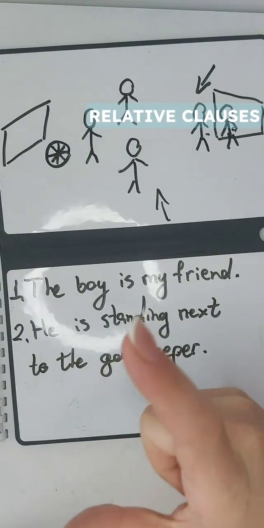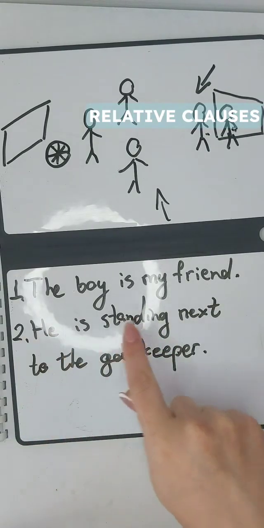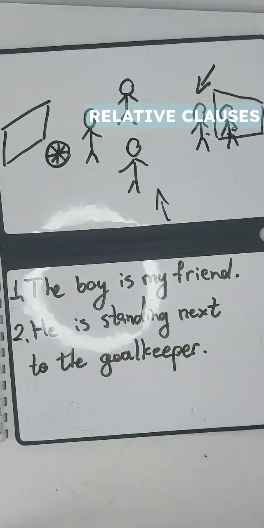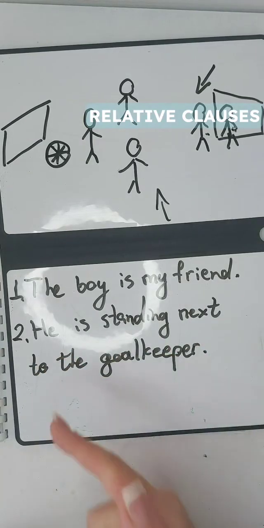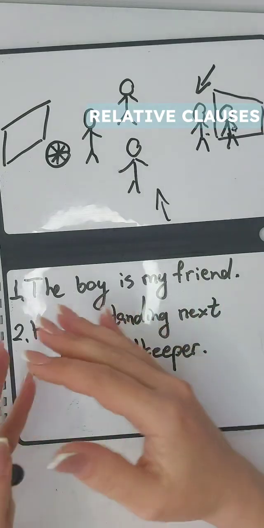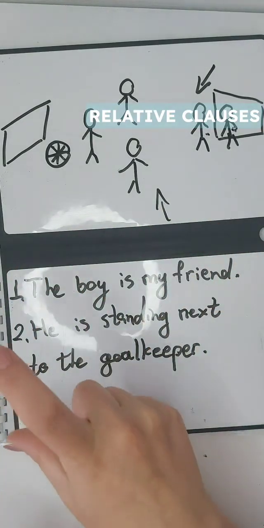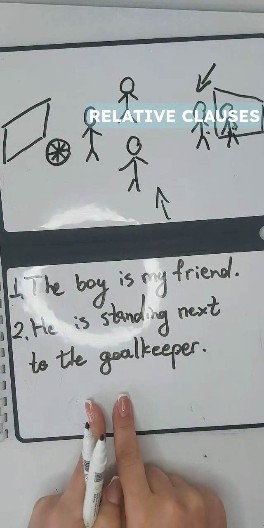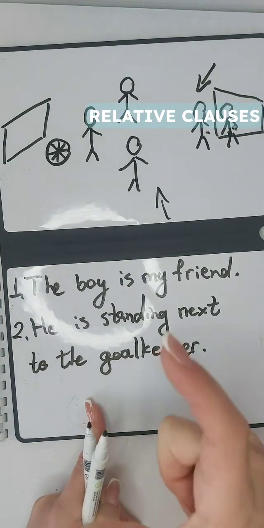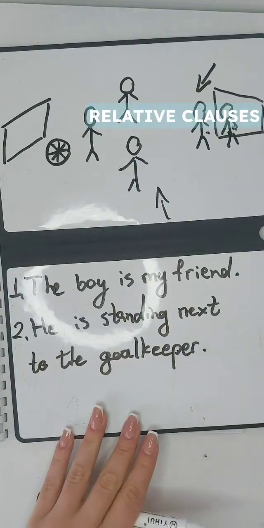Make longer sentences instead of short, separate sentences. So instead of saying the boy is my friend, he's standing next to the goalkeeper, we can combine these two sentences and turn them into one longer sentence.